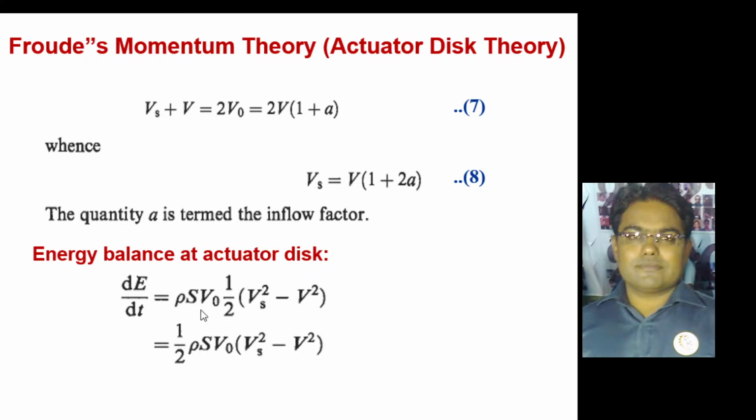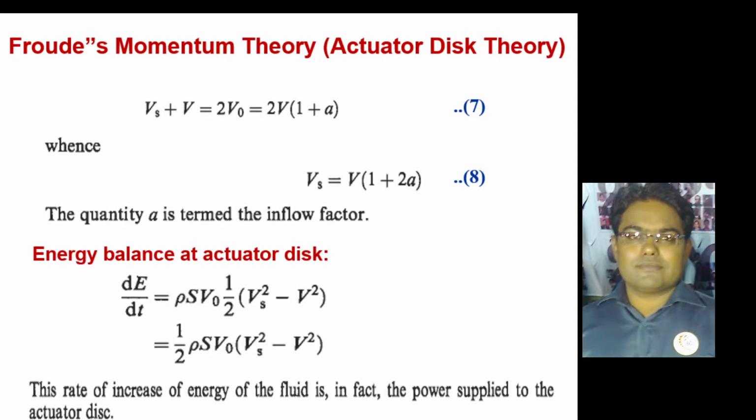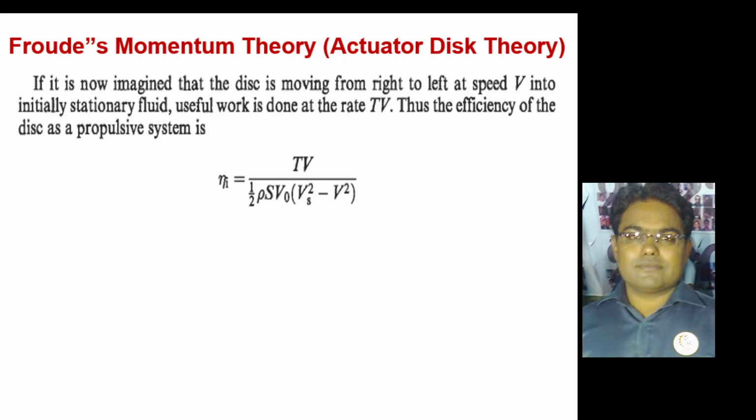So you can get the kinetic energy half m v square. The difference is called the energy balance. So finally we are getting half rho s v naught (vs square minus v square). This amount of energy is being transferred by the propeller. So the rate of increase of energy of the fluid is in fact the power supplied to the actuator disk.